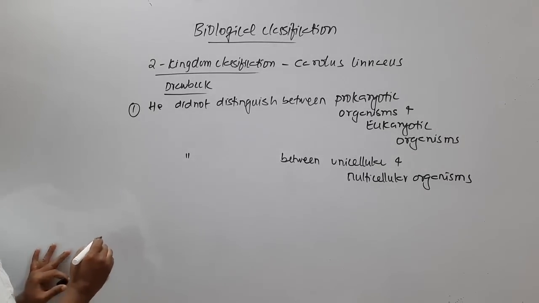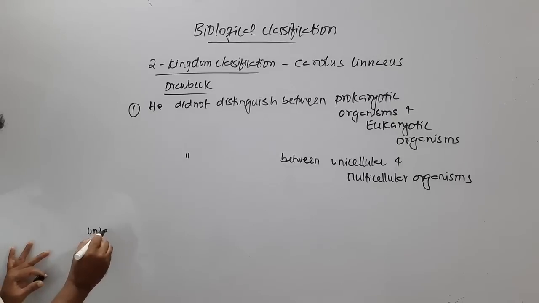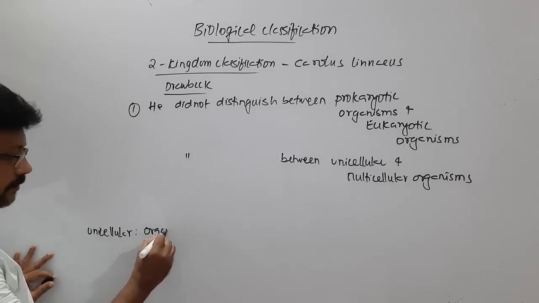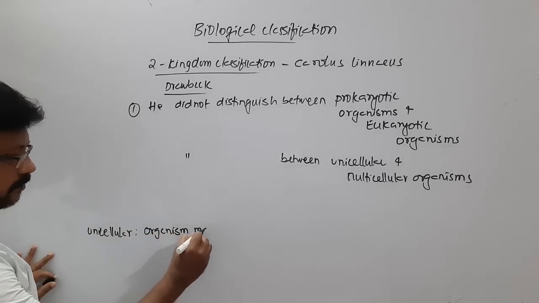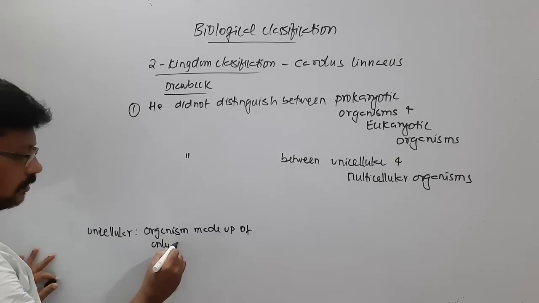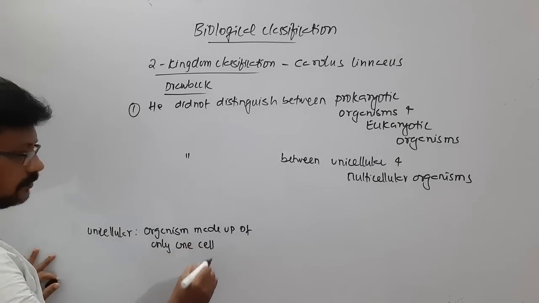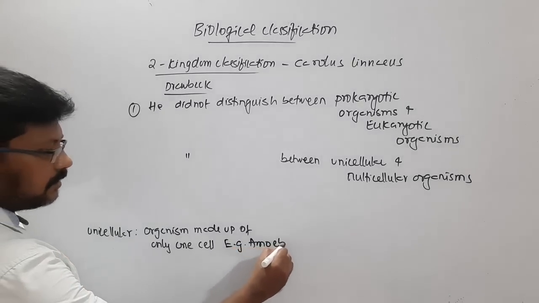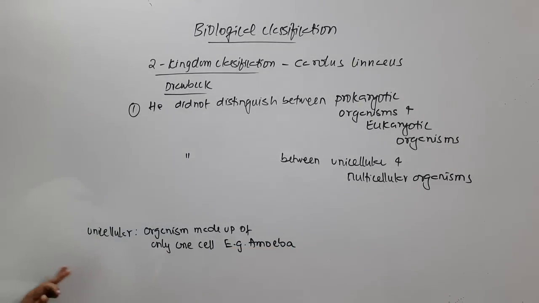Here, unicellular means an organism made up of only one cell, like we see in the case of amoeba. So amoeba is a unicellular organism. The whole organism itself is made up of only one cell.